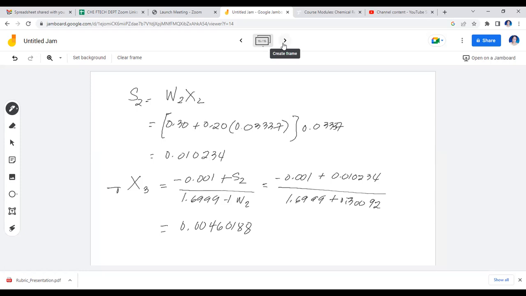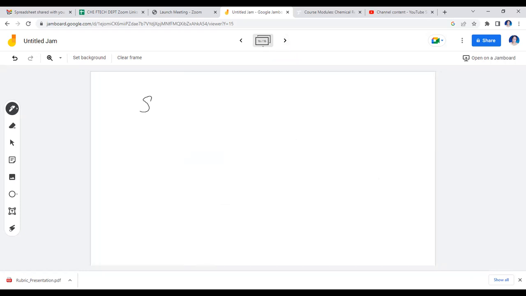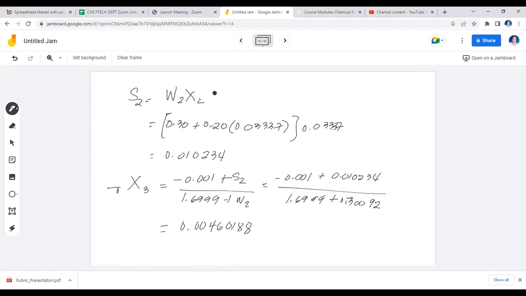So when you're done with X3, you can now solve for S3, which you need in X4. So S3 is equal to capital W3 times X3. So your W3 is 0.30092 here. Oh, wait. Your W2 here, because you need to take a screenshot of this later, is 0.30.